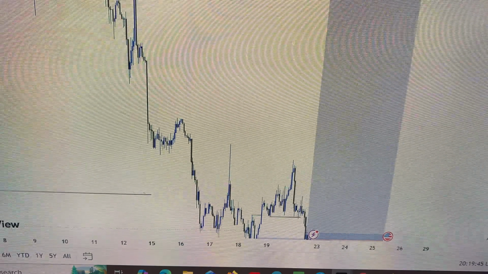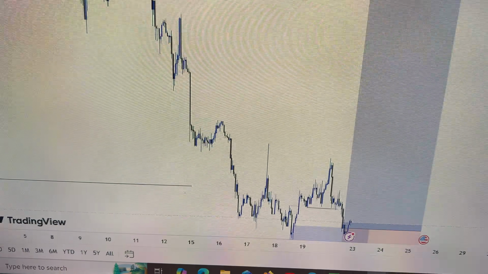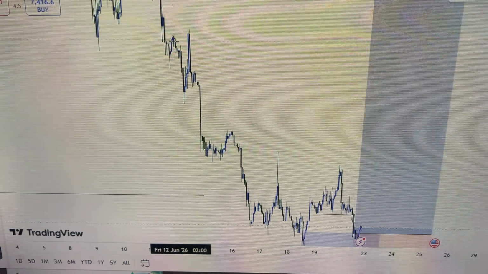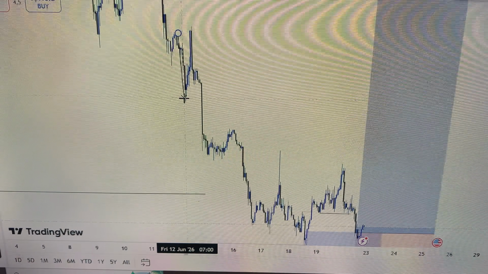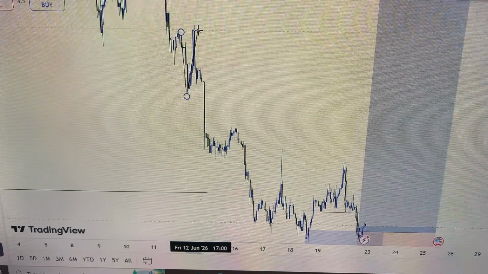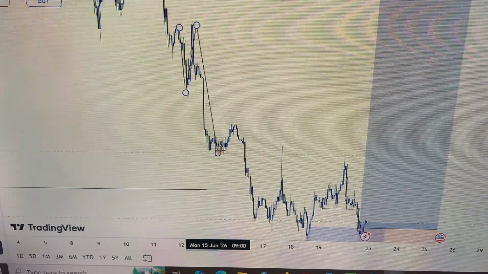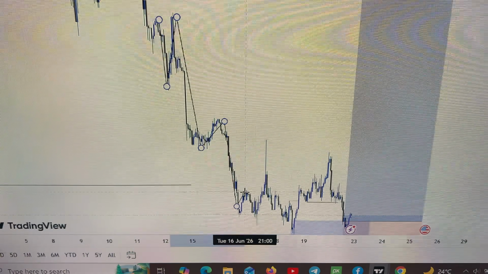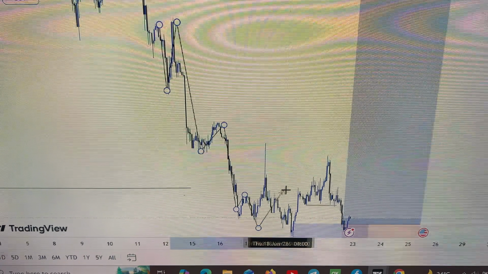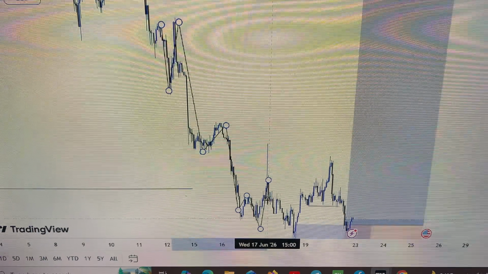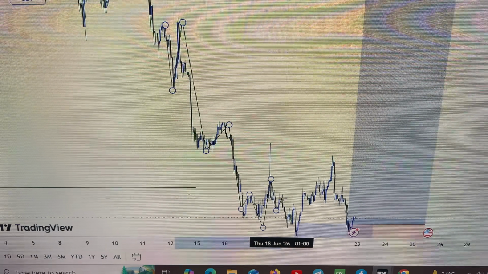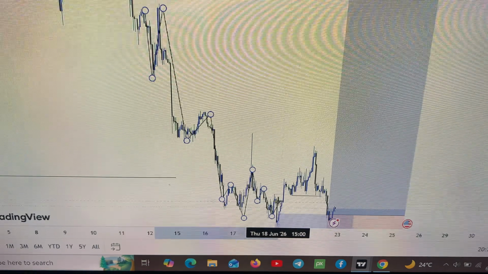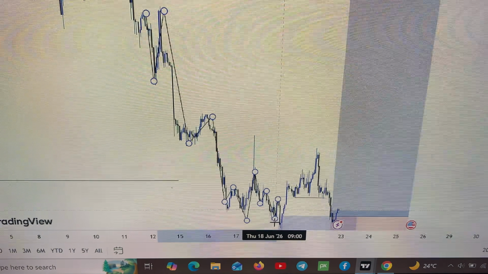So we saw that where price was approaching our point of interest, it was giving us a pattern. Which pattern was it giving us? A lower high, then a lower low, a lower high again, then a lower low, a lower high, a lower low, and so on.